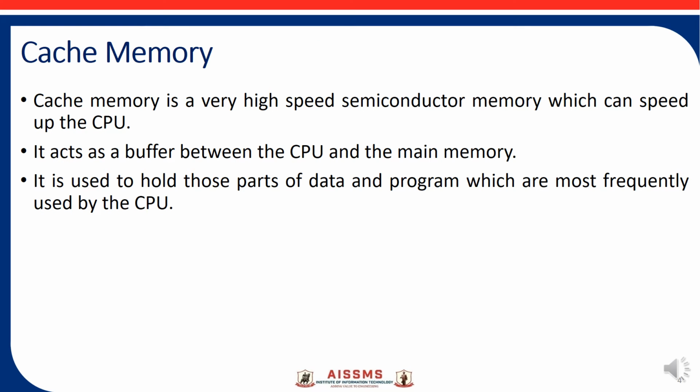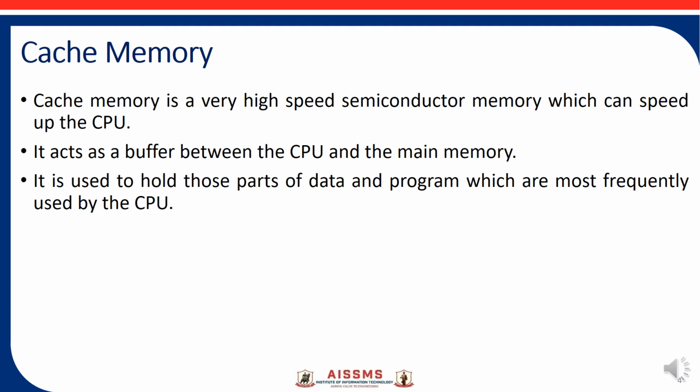Cache memory is a very high speed semiconductor memory which can speed up the CPU, meaning the instructions or processing which we are going to perform with the help of the central processing unit of the computer. We use this cache memory to speed up the computation. It acts as a buffer between the CPU and the main memory. It is also used to hold those parts of data and program which are most frequently used by the CPU.